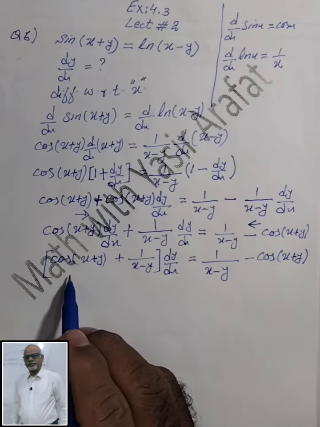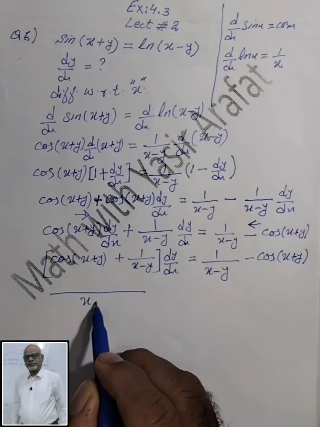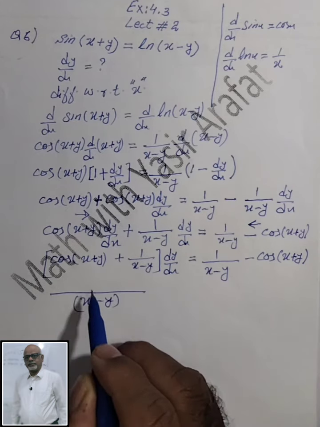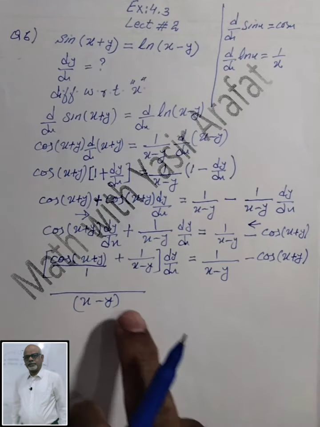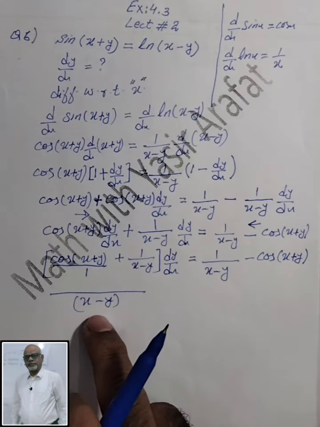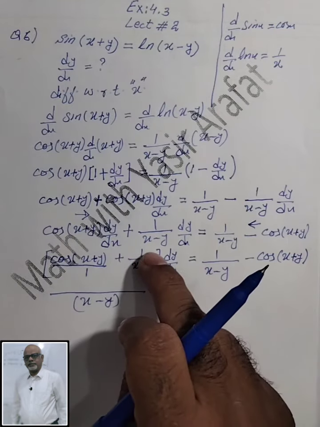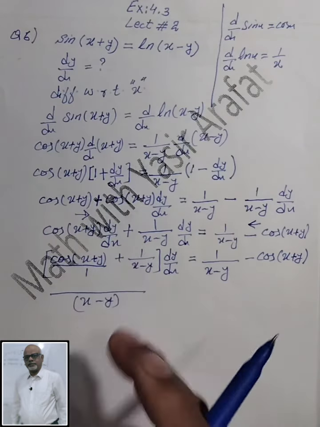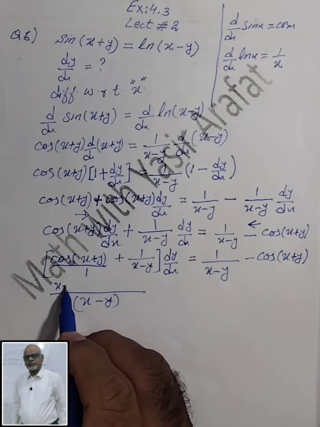Now take out the LCM. The LCM here is x minus y. Here it is 1. So just take the LCM of two fractions: x minus y multiplies 1, remains the same, and this multiplies by this numerator and this one multiplies by 1. This is the simple way to take the LCM of two fractions.